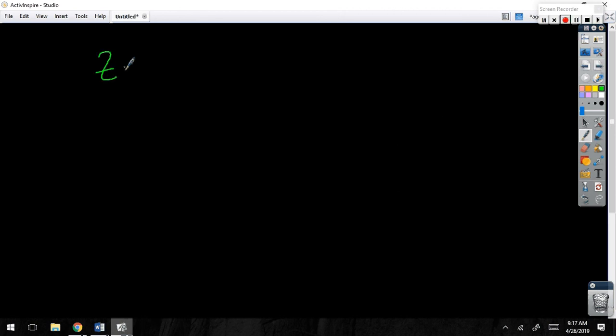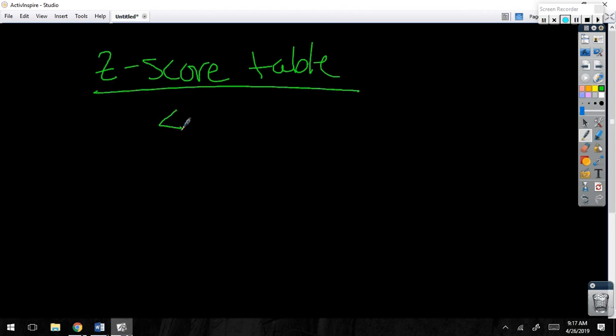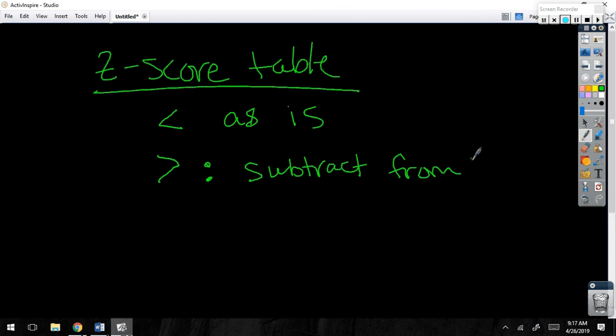Z-score table. Less than is the way that it's shaded here, so as is. If it's greater than, then you subtract from 1.